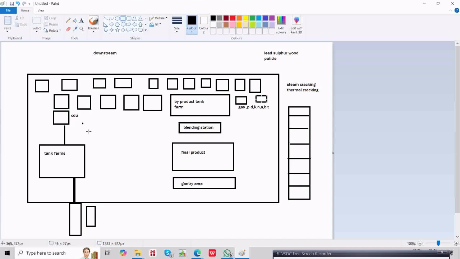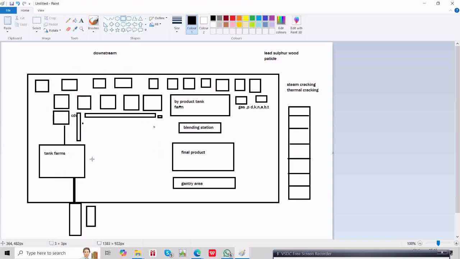So how to arrange these process units? Now the main thing is the pipe rack, which is connecting the whole plant. You got my point? So this is how the refinery works.